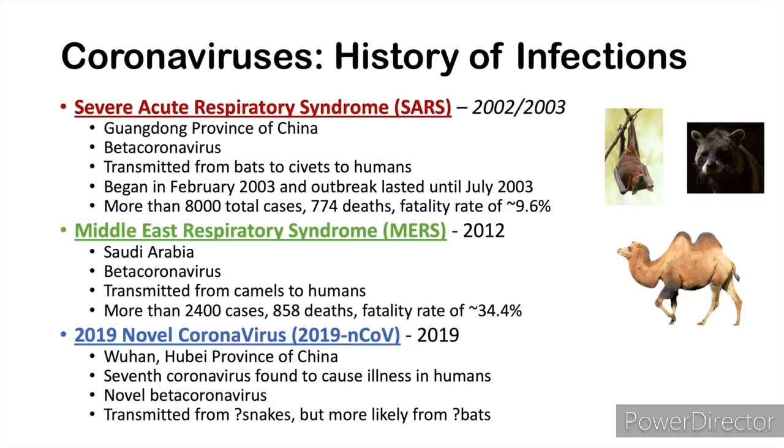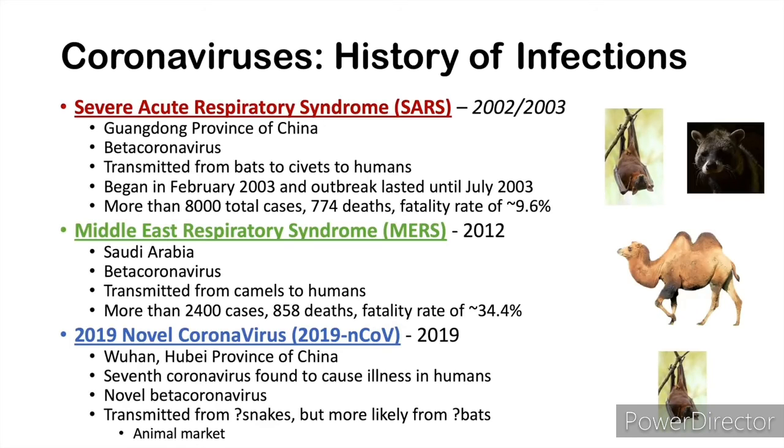What seems to have taken place here is that right now we're not sure exactly how it was transmitted. There was some early evidence suggesting that it was transmitted from snakes to humans, but now some evidence is suggesting it's more likely that it came from bats. There was an animal market in Wuhan that seemed to be the epicenter for this outbreak. It is suggested that there was exposure to live and dead animals.